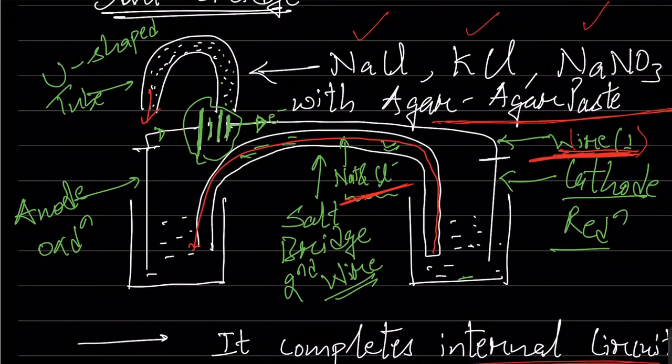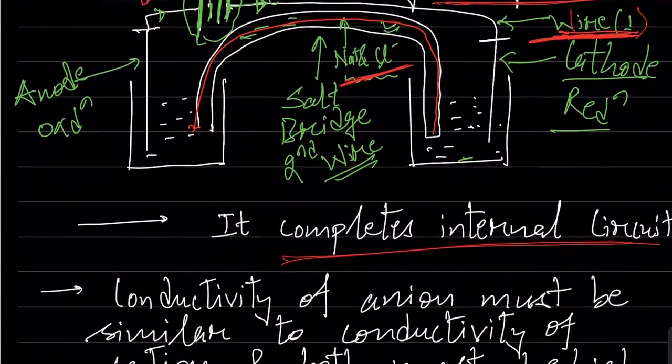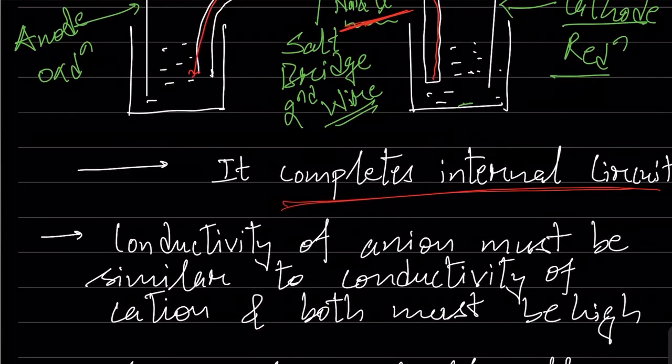Okay, so the content of the salt bridge you have seen: agar-agar paste with sodium or potassium chloride, or sodium or potassium nitrate. We can use many more things. There are so many salts, but as of now we are taking these 3 or 4 salts, any one of them we can use. This contains Na+ and Cl-, or K+ and Cl-.